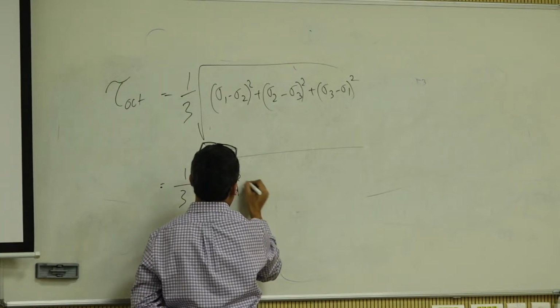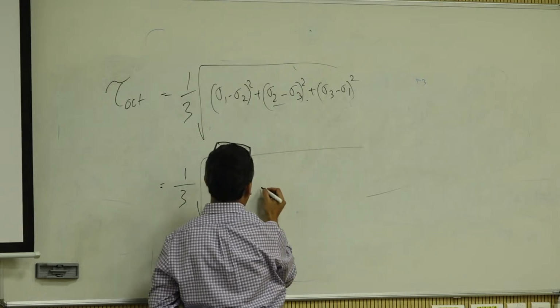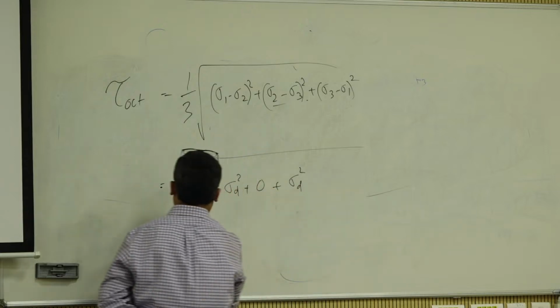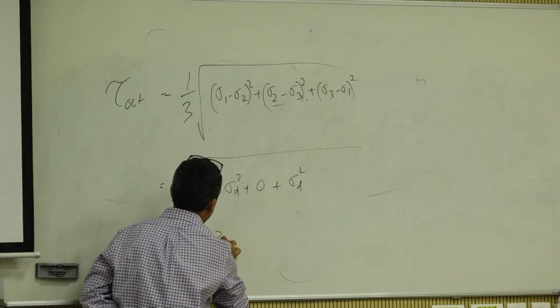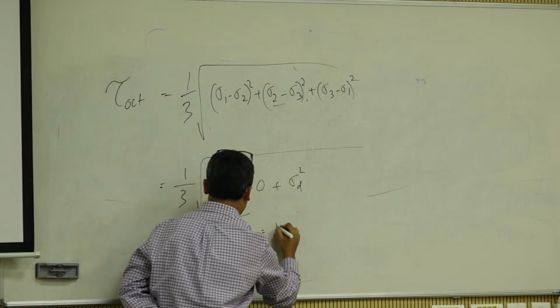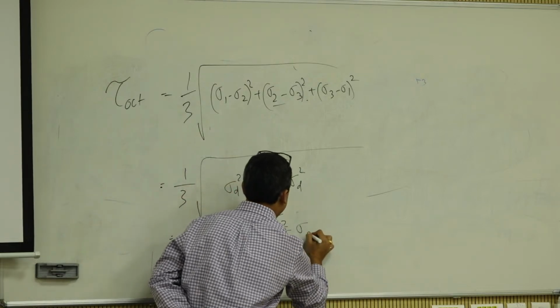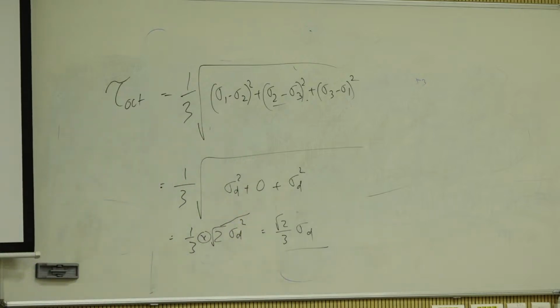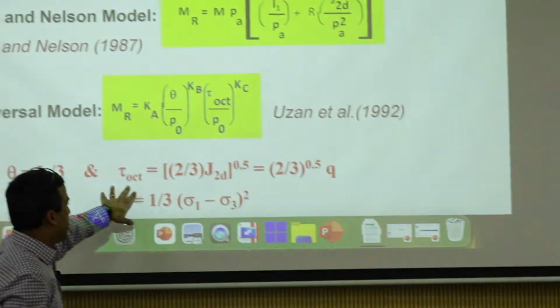Sigma d. What is this term? Plus what is this term? So 1 over 3 times 2 times sigma d, square root of the whole thing, is square root of 2 over 3 times sigma d. That's called octahedral shear stress. That's also sometimes referred to as the J2D. Okay, that's what this is.